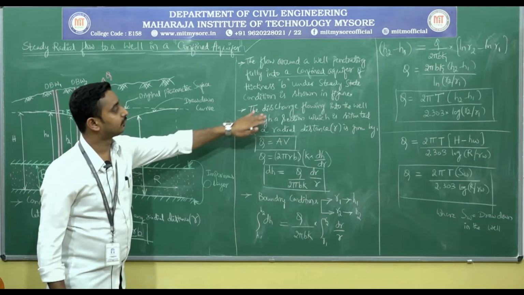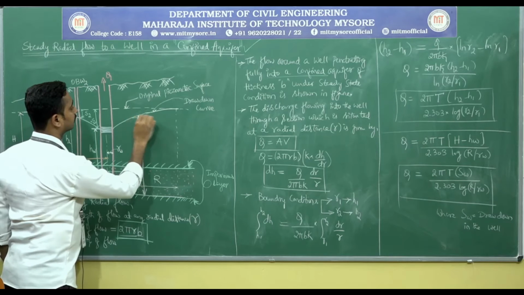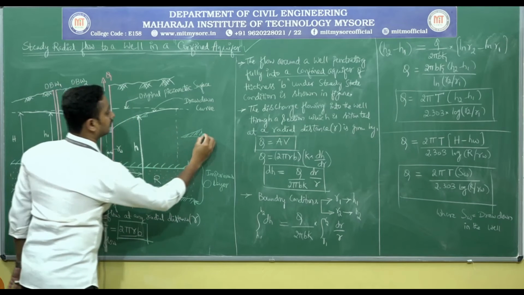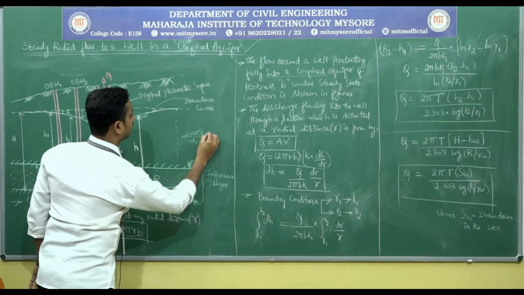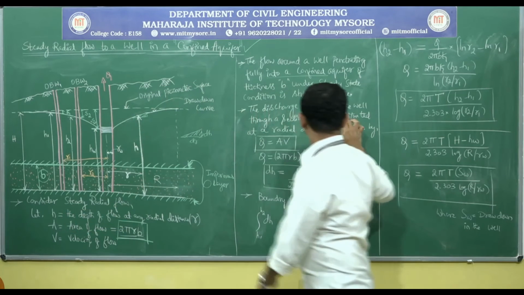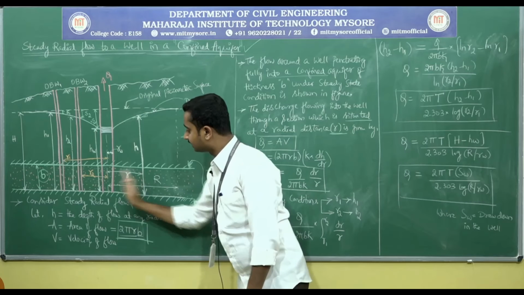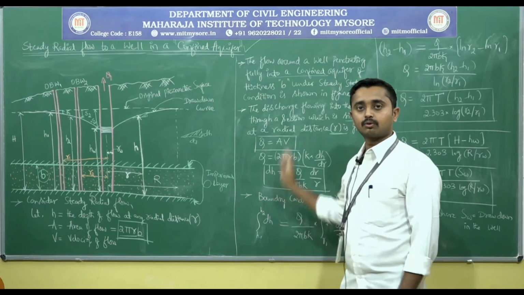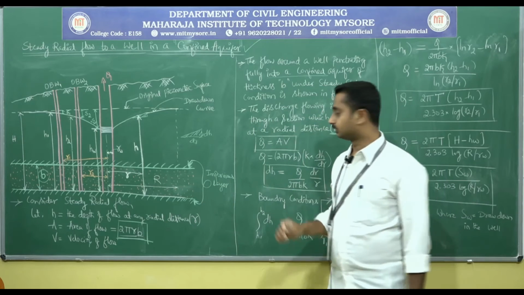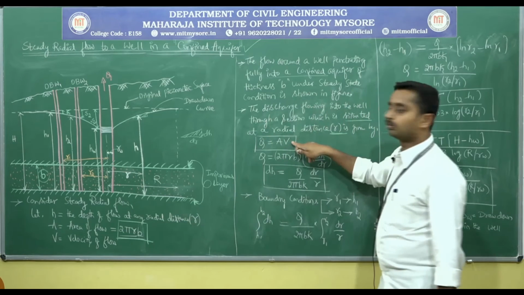Now consider the discharge flowing into the well through a small section of radial distance dr and height dh. The discharge flowing into the well through a section situated at a radial distance r is given by Q equals A V. A we know is 2 pi r b, and the velocity according to Darcy's law is K into dH by dr. Substitute the values: area 2 pi r b into velocity.